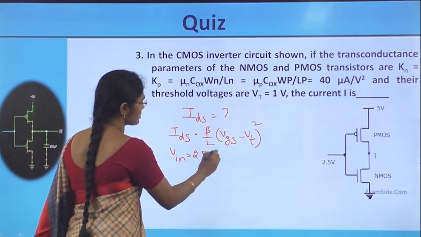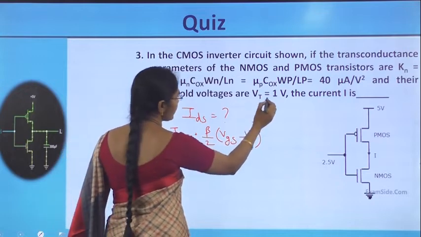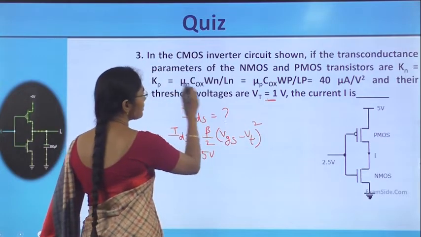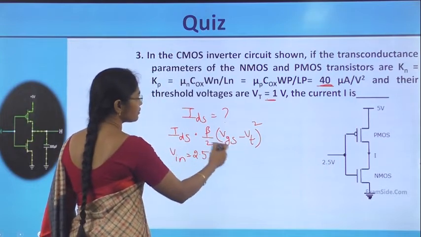So just substitute to find out the IDS value.